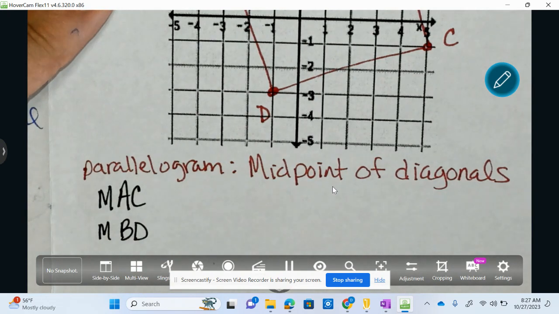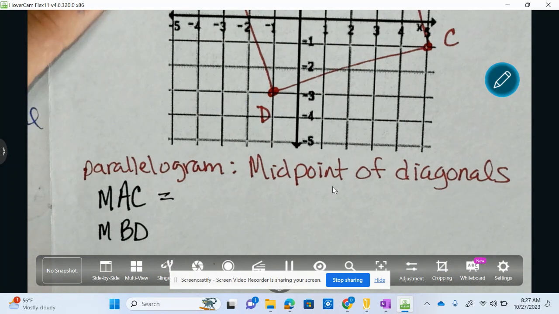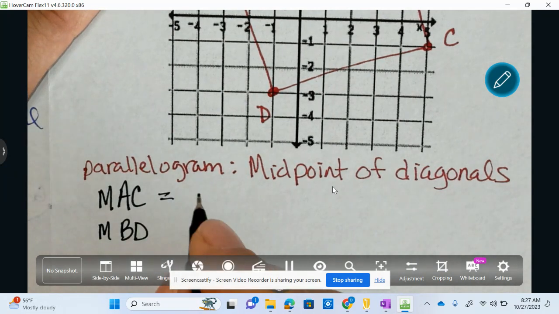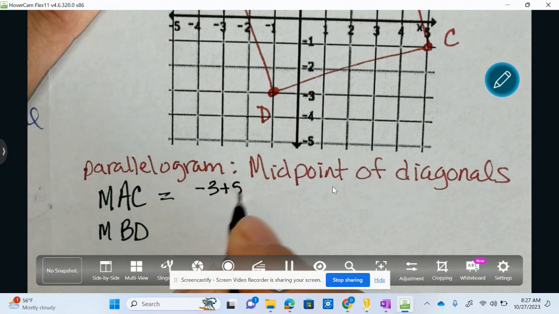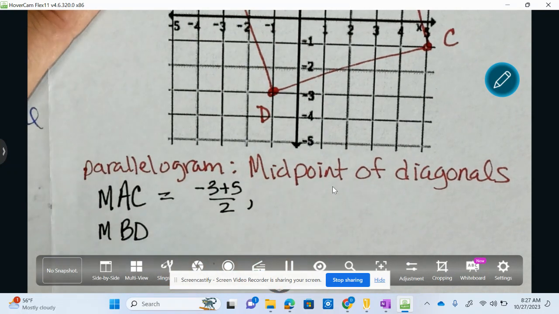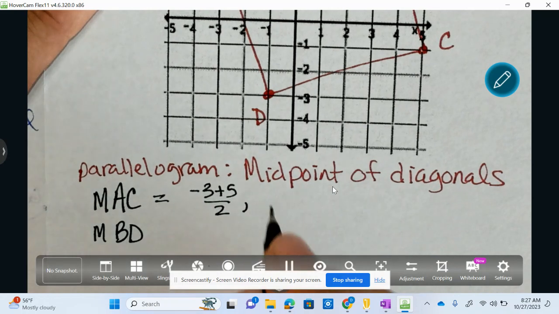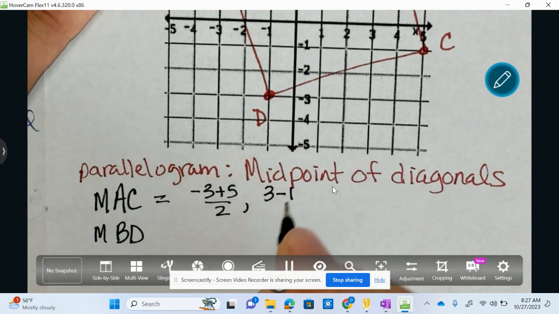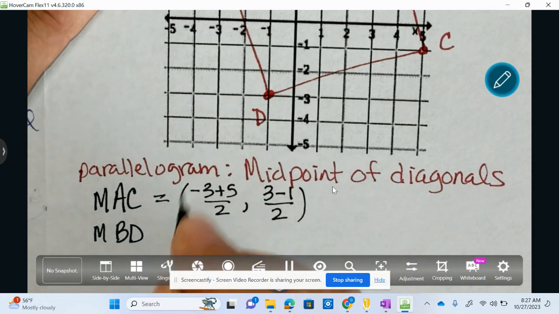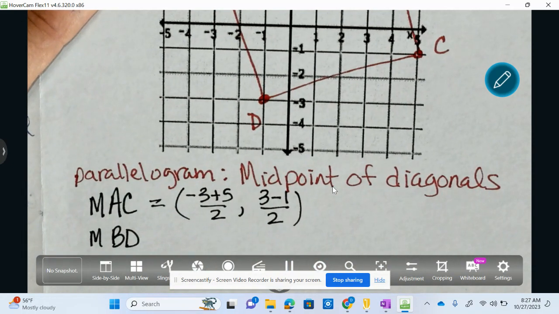Those are the two midpoints that I'm finding. So for midpoints, I'm adding up the x coordinates of A and C. That looks like -3 + 5 over 2, and the y coordinates, 3 plus a -1. Plus a negative is the same thing as minus. So this is the midpoint for AC.